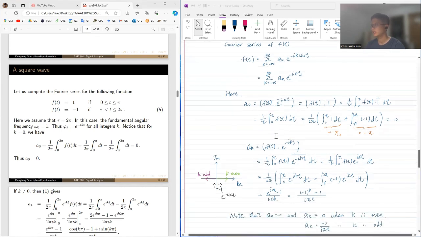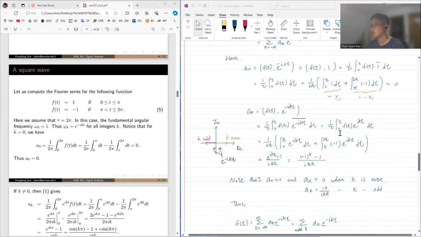And now let's look at a_k. So a_k is going to be the inner product of f of t and e to the negative ikt. And again, we can follow the definition of the inner product. And what we will get is going to be 1 over tau times the integral of f of t times e to the ikt from 0 to tau with respect to t.